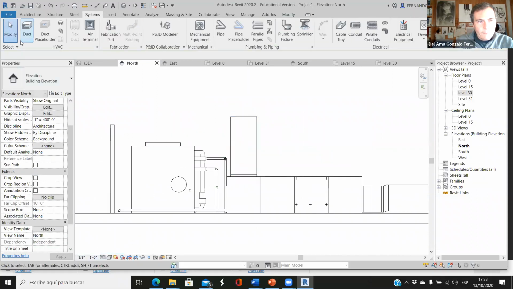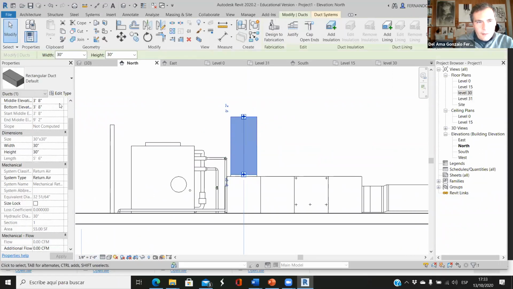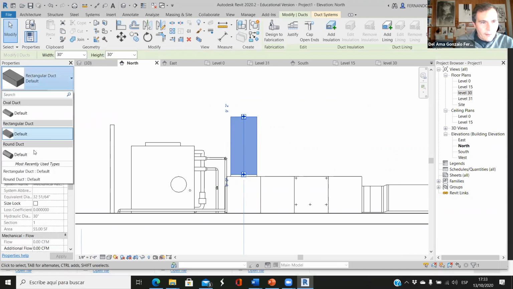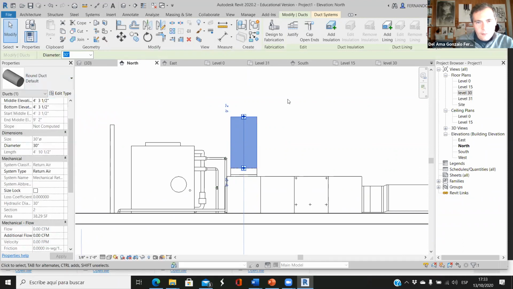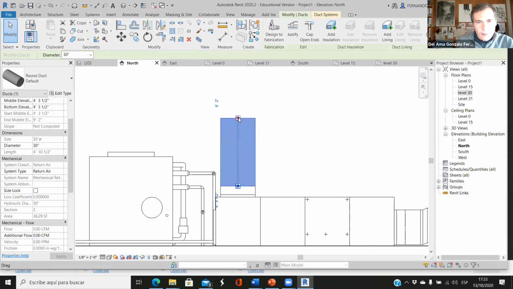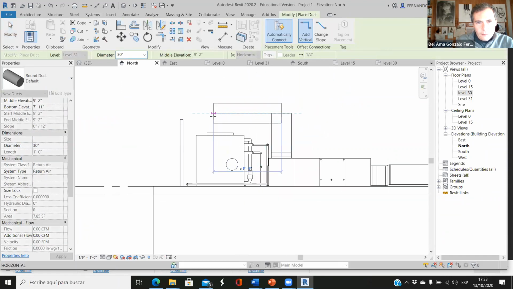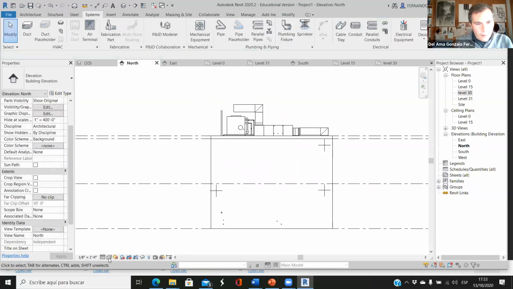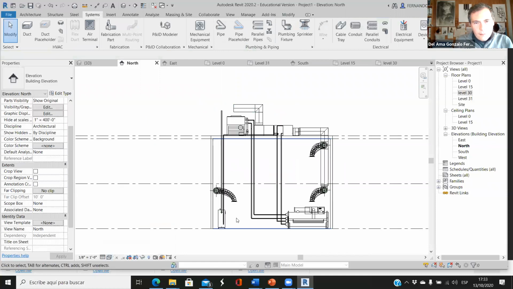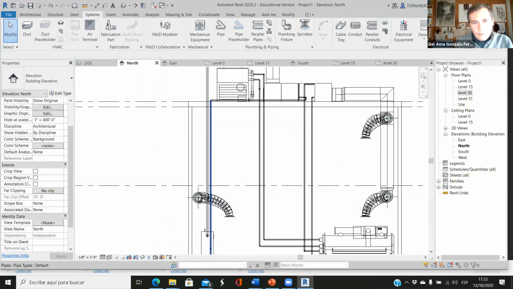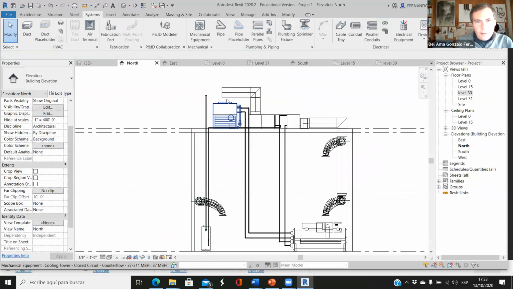A little detail. This is rectangular, so let's make it round. Okay, and then let's go this way. And where is the duct? Okay, it's here.